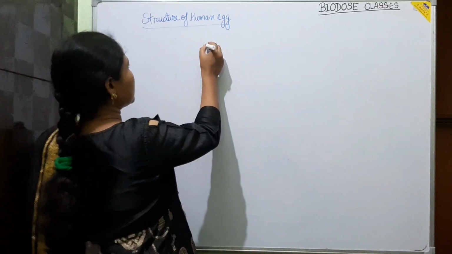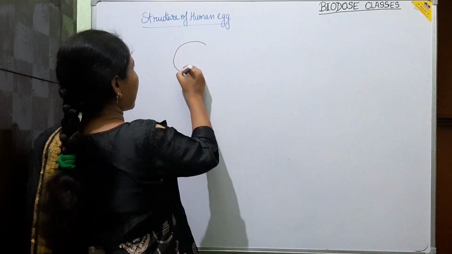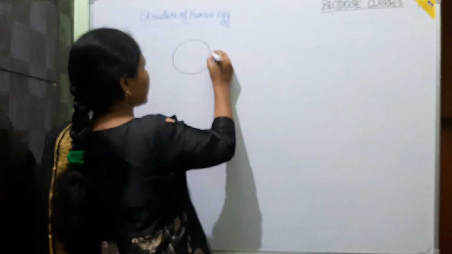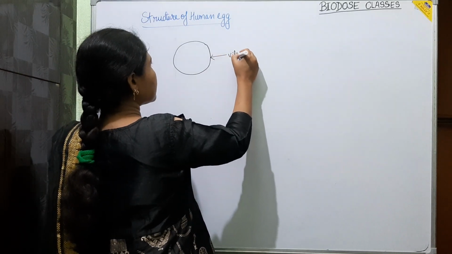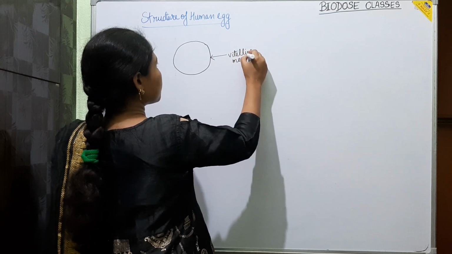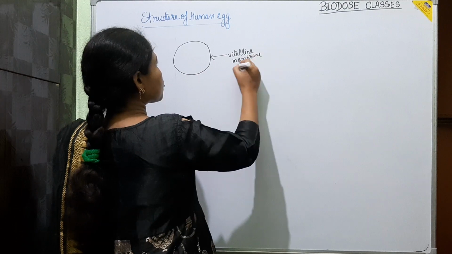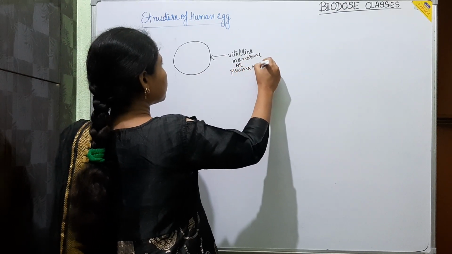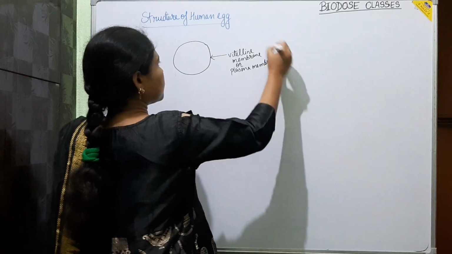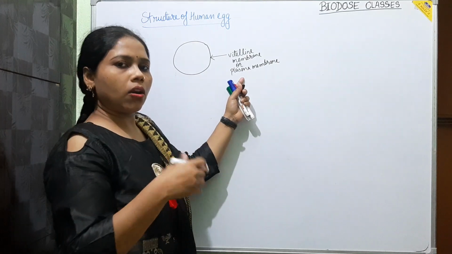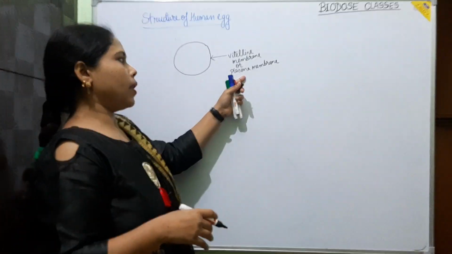Now, what we see in the human egg is that it is oval or circular in shape with a covering that is called vitelline membrane. This is also known as the plasma membrane.